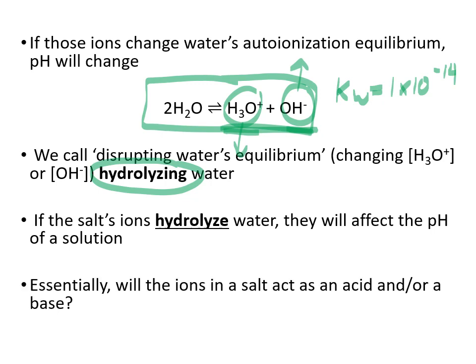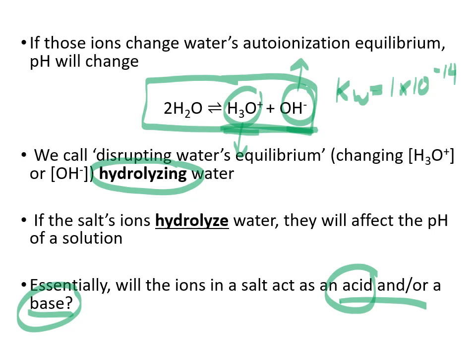And essentially what we're going to be doing is we're going to say, okay, here's our salt. We've got a cation, we've got an anion. We'll look at each in turn separately, and really what we're looking for is, are those ions going to act as an acid or a base in the solution? Do they hydrolyze water? And we'll do that by considering who their conjugate partner would be and what we know about those conjugate partners. But really what we're just doing is we're saying, okay, are these ions going to act as an acid or a base?